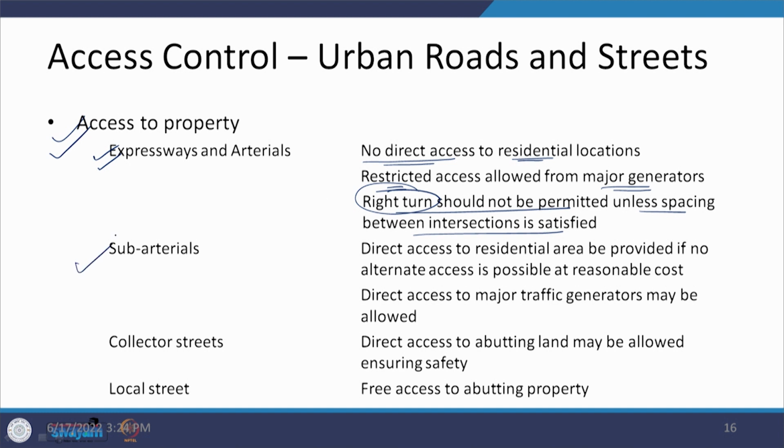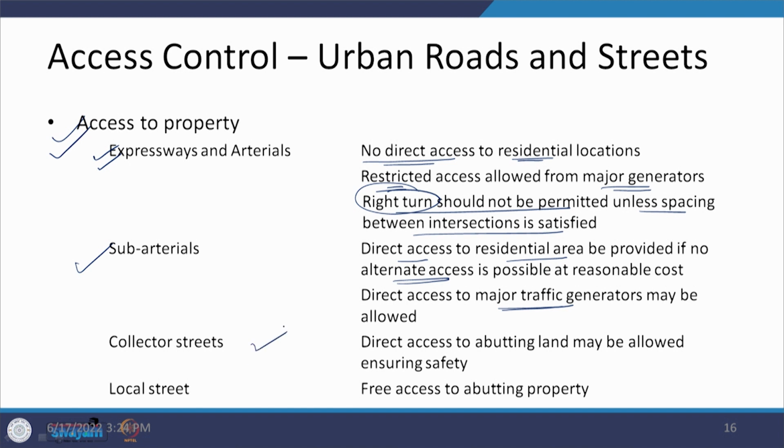In the case of sub-arterials, direct access to residential area is provided if there is no alternate access, and if that cannot be provided at a reasonable cost, then we can allow it. In the case of major traffic generators, this direct access can be allowed.